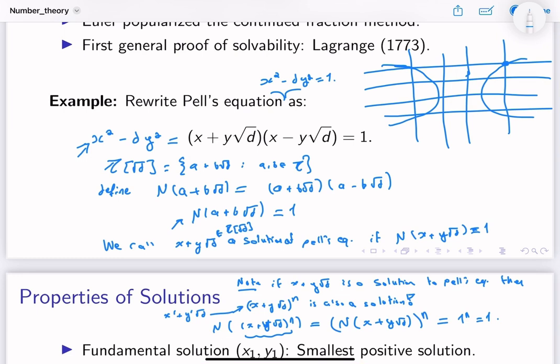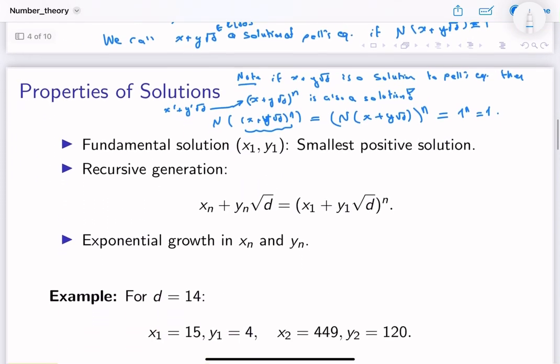So can we really talk of the solution of Pell's equation? Well, we can talk about something called the fundamental solution of Pell's equation. So we need to define this.